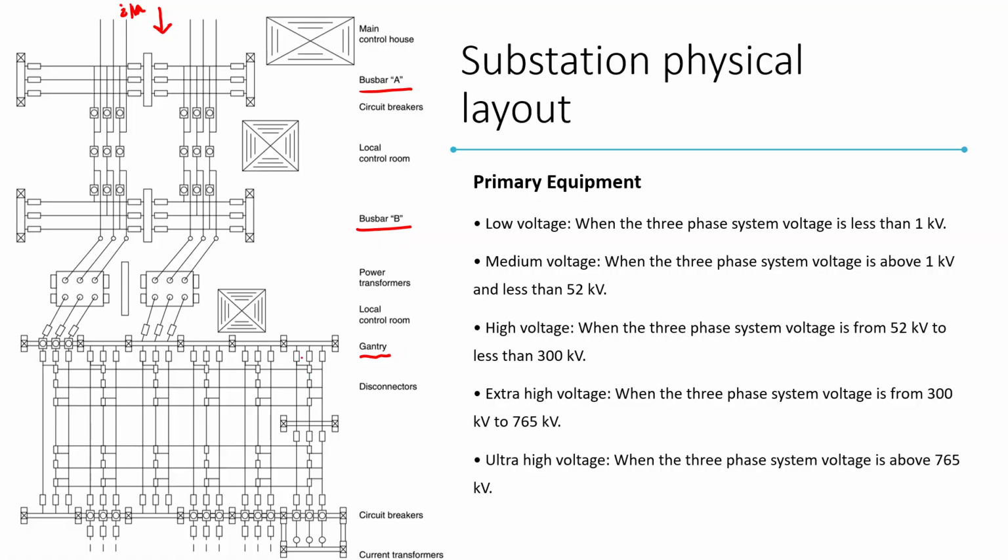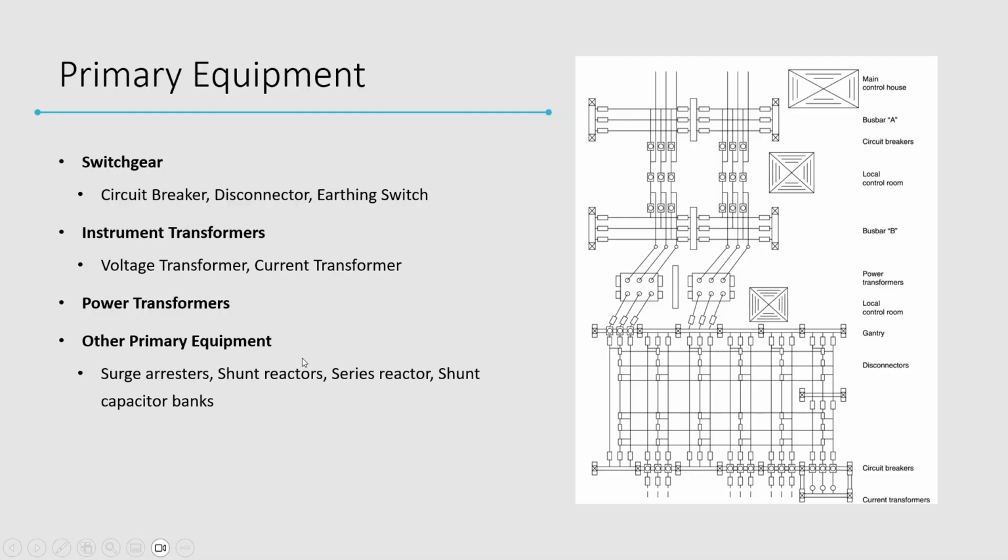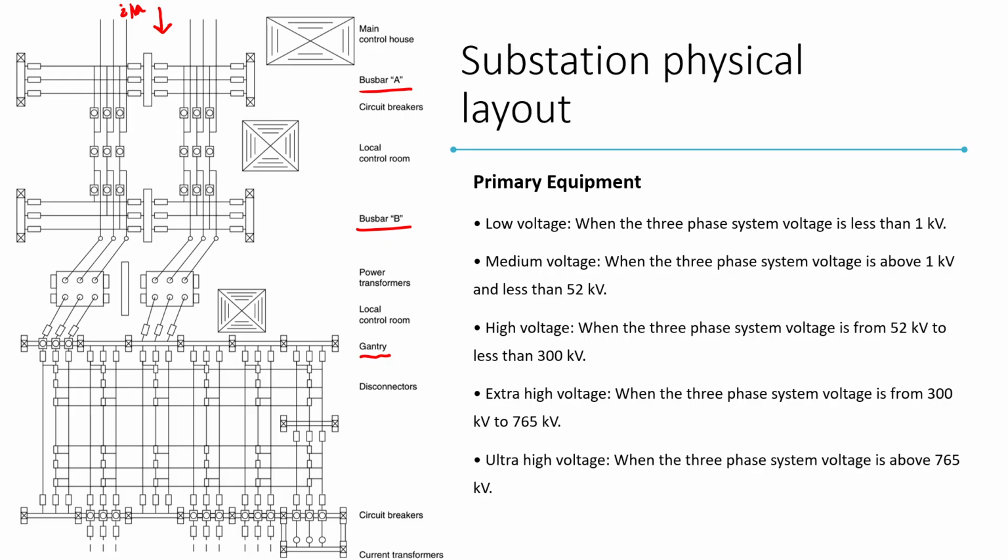In the past lectures we talked about the substation layout and different equipments used in the substation, right? And other than that, you can see here you have the main control unit or main control house here, and the local control room here, and then there are some local control rooms in different parts of the substation, right?